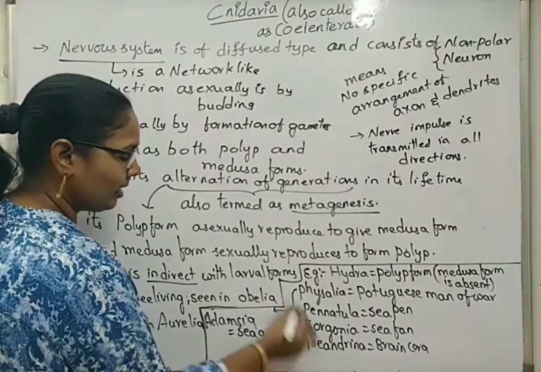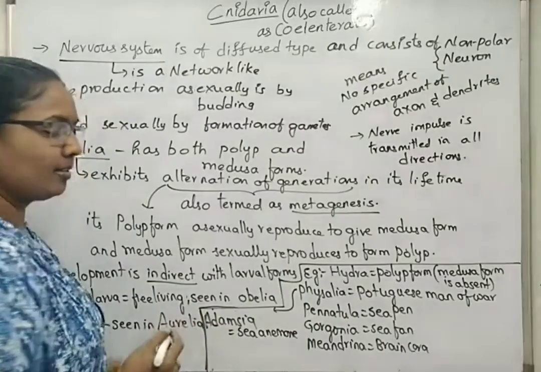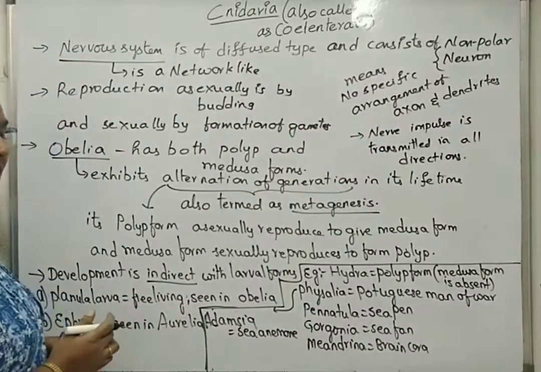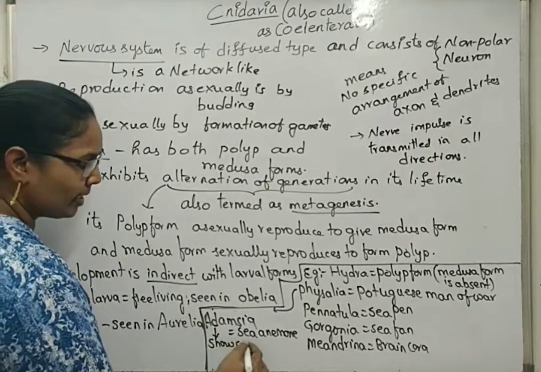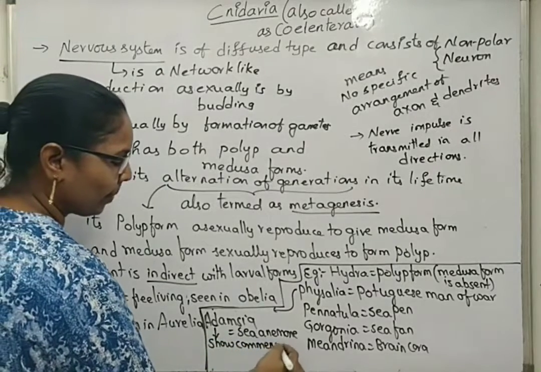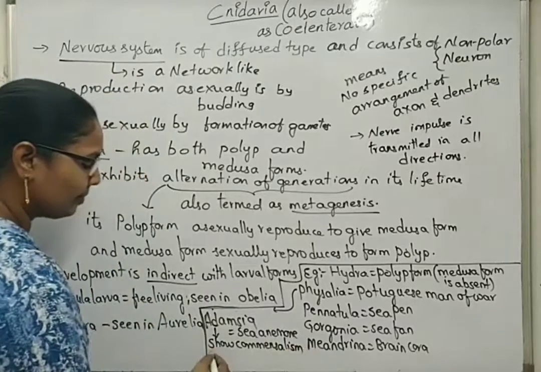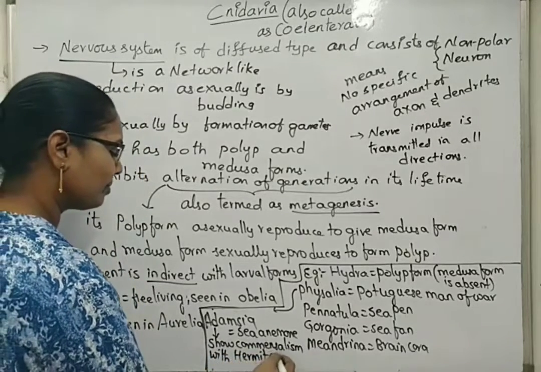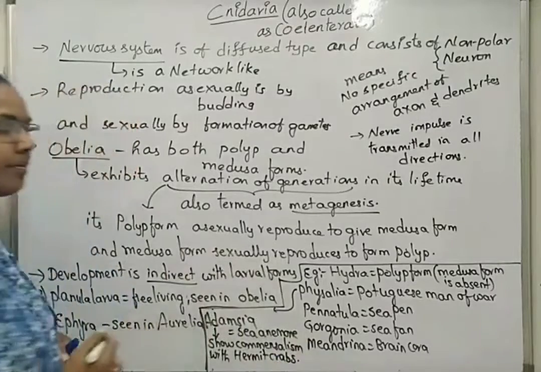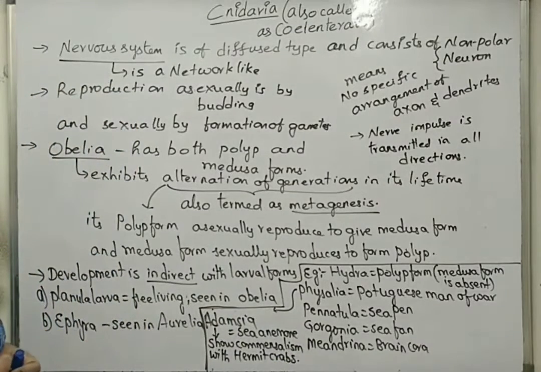There is one MCQ regarding this Adamsia, that is they show commensalism with hermit crabs. So these are few points regarding the cnidarians and Coelenterata.